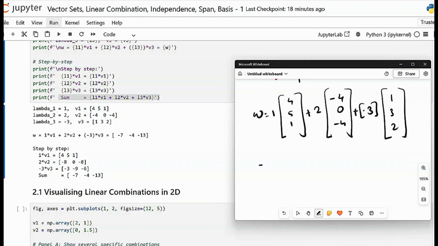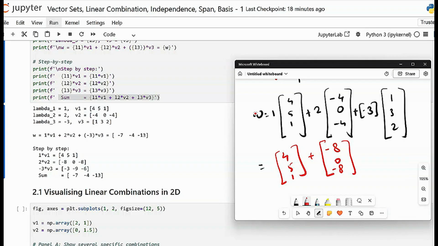Let me see the resultant when we go step by step. We get 4, 5 and 1 for the first, minus 8, 0, minus 8 for the second, and for the third, observe it is minus 3, minus 9 and minus 6.